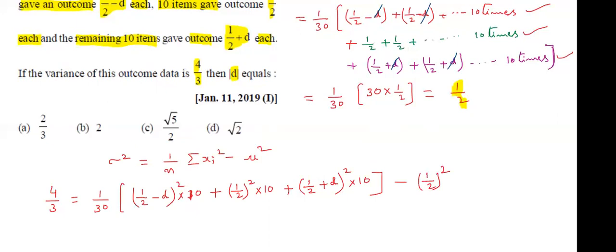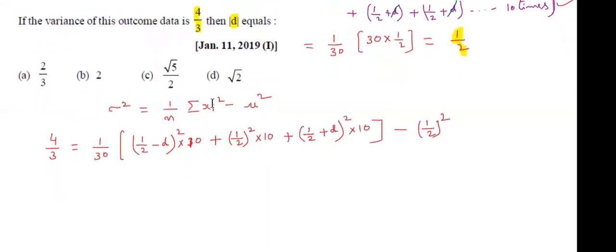So here we need to find the d value. See the calculation. 4/3 is equal to, taking the 10 outside in each and every term, 10/30, that is 1/3. Remaining, observe that 1/2 minus d whole square plus 1/2 plus d whole square is in the form of (a minus b) whole square plus (a plus b) whole square.